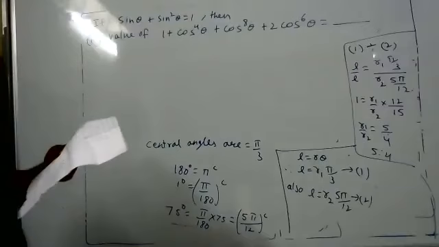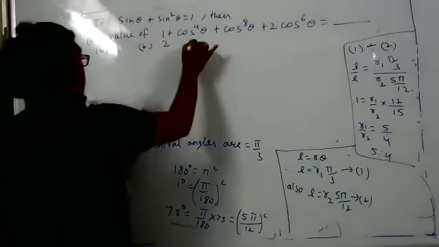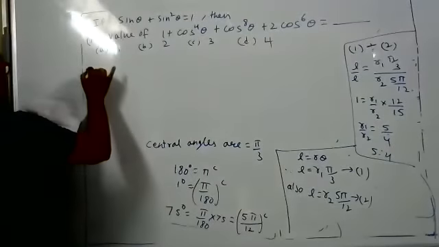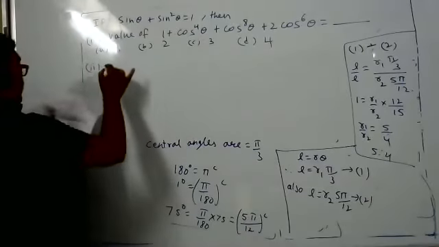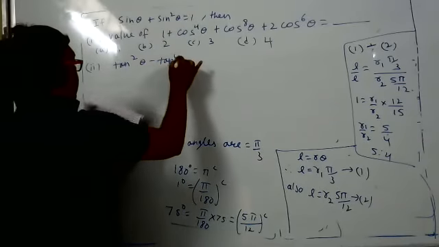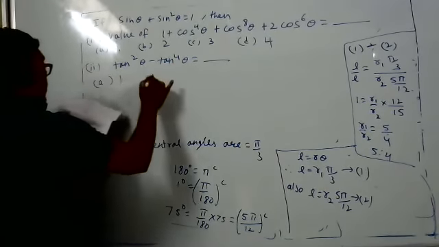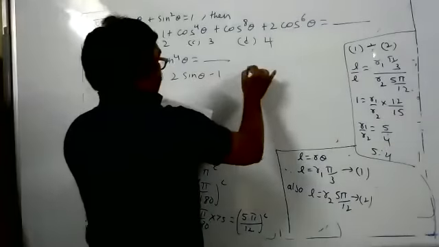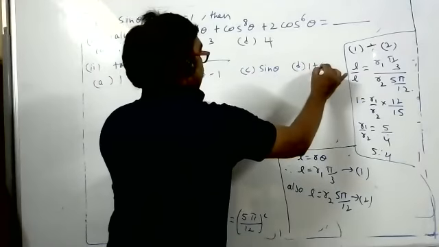Write down the options 1, 2, 3, 4. Tan square theta minus tan to power 4 theta is equal to. Option A, 1. B, 2 sine theta minus 1. C, sine theta. D, 1 plus tan theta.